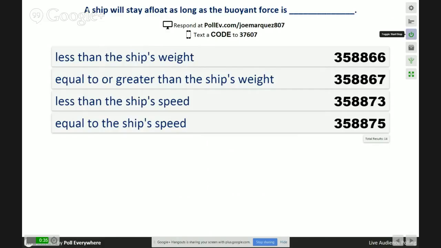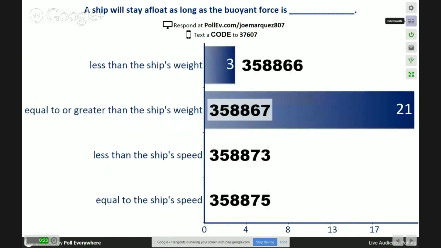Blah, blah, blah will stay afloat as long as what? As long as the buoyant force is equal to or greater than the ship's weight. Yes. As long as the buoyant force is equal to or greater than the ship's weight.